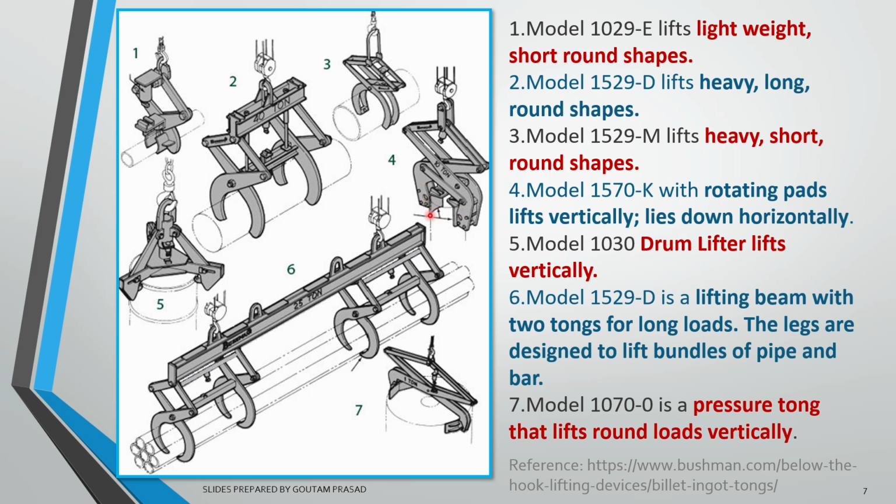They are basically scissor type of tongs, but they are called bale type of tongs because they are able to catch the bales of the materials. So this is a cylindrical type of bale tong. For vertical lifting or horizontal lifting, different types of bale tongs are employed. So a variety of materials, a variety of such attachments to the crane are used.